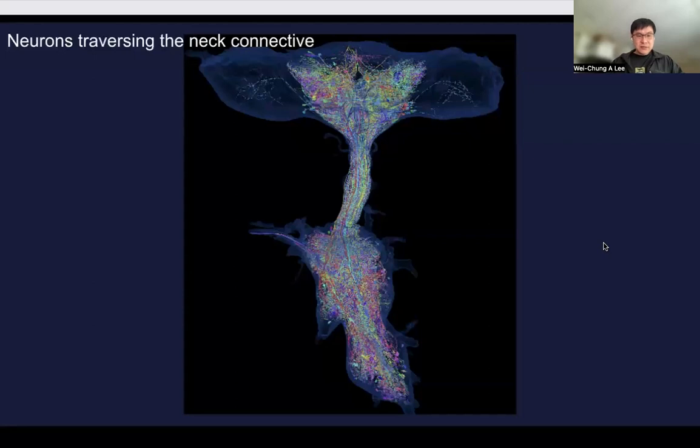The 611 team started with neurons that project through the neck connective. So these are, again, ascending and descending neurons. In this rendering, you see about 2,000 or so of these ascending and descending neurons that have been proofread and rendered.